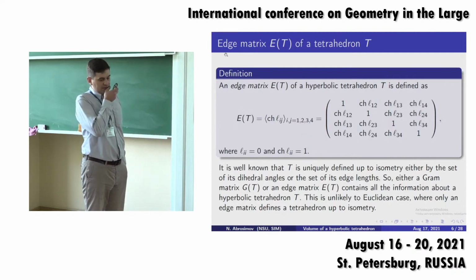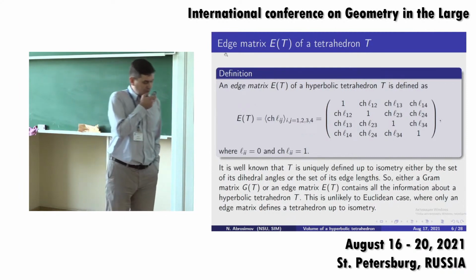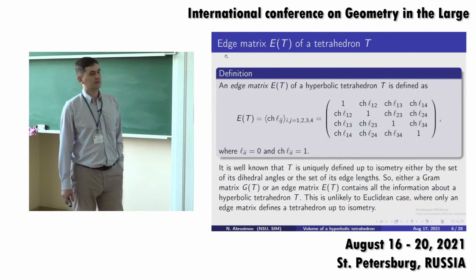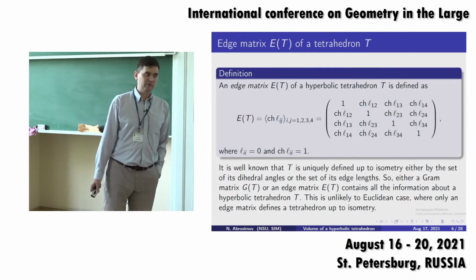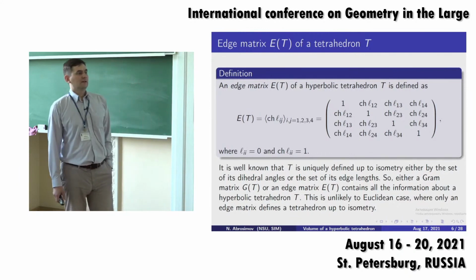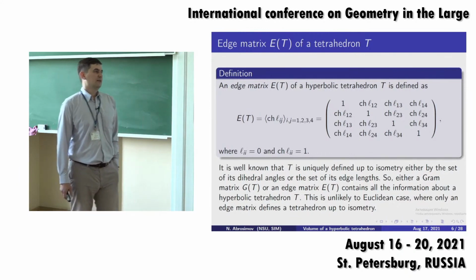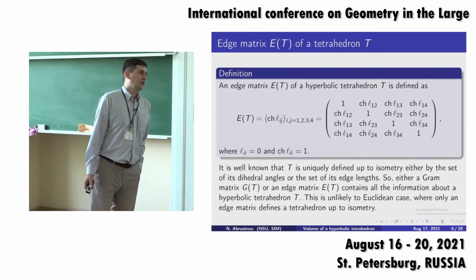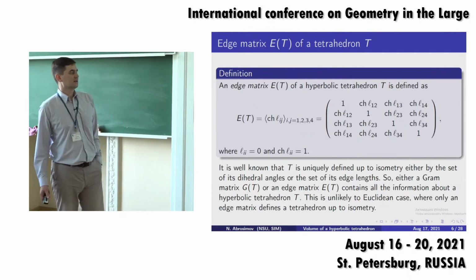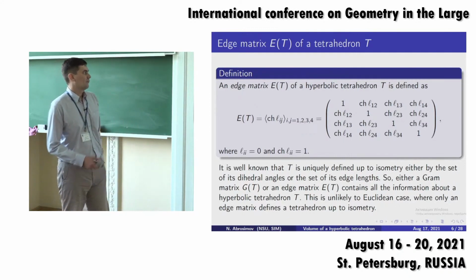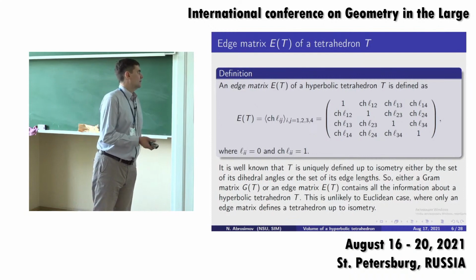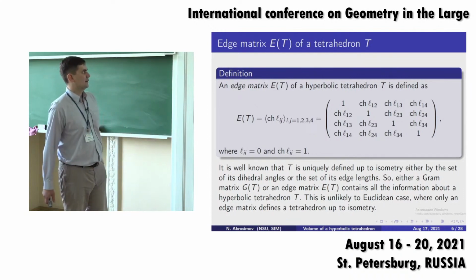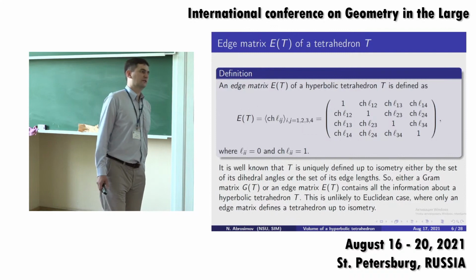And it is a known fact that a hyperbolic tetrahedron is uniquely defined up to isometry either by the set of its dihedral angles or by the set of its edge lengths. So any of them, a Gram matrix or an edge matrix, contains all the information about the hyperbolic tetrahedron.